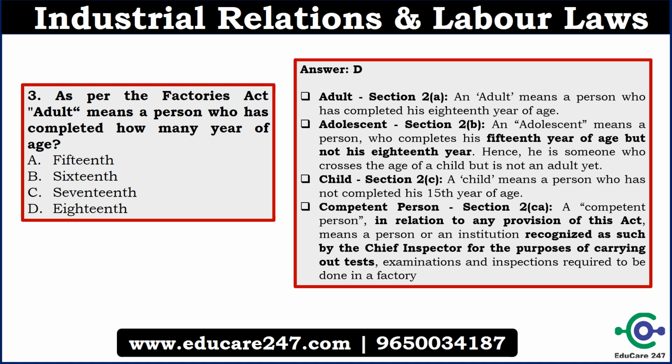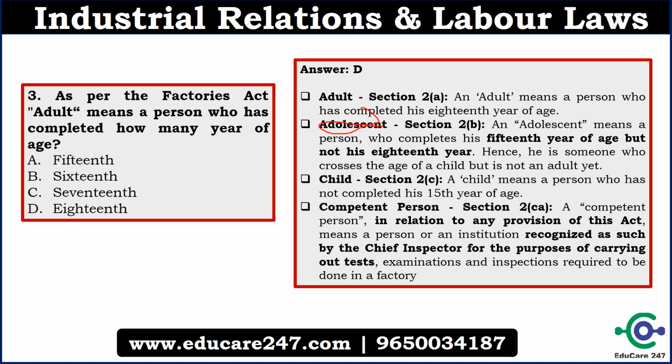So between 15 to 18 is called adolescent. And for child, section 2C says that a child means a person who has not completed his 15th year of age. So you can remember these important sections. It can be asked in your examination.